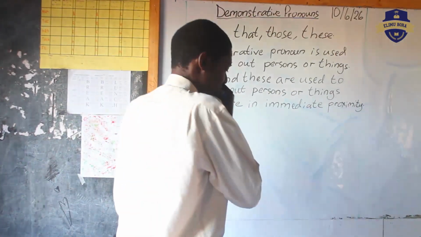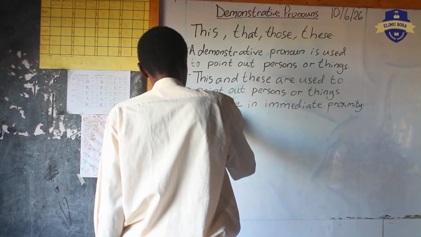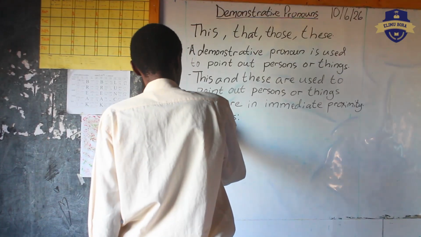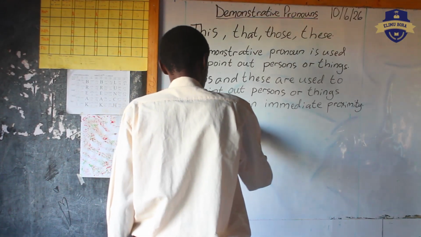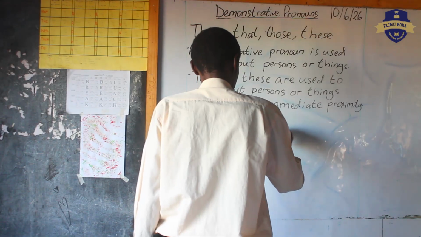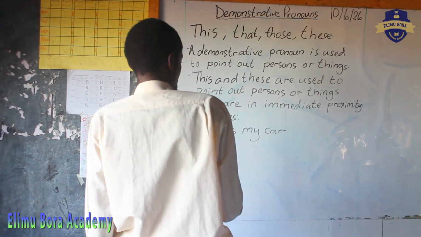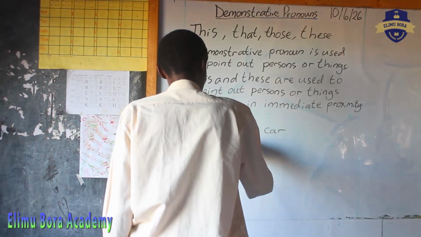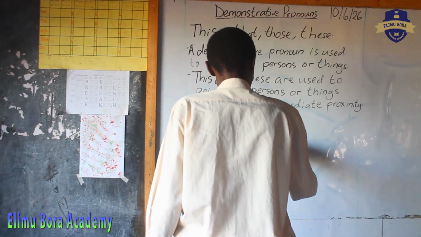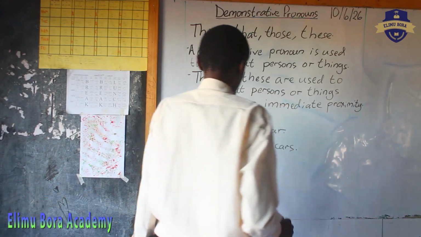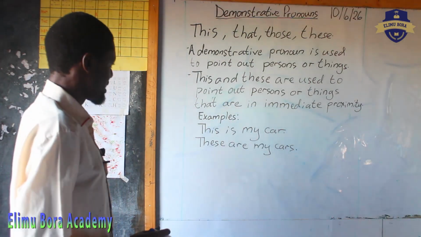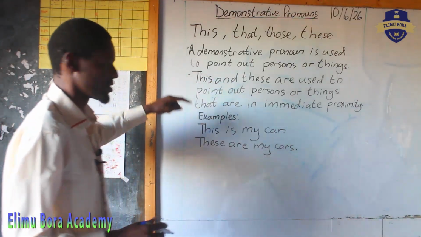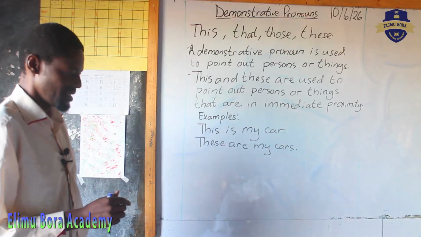Okay? So for example, we can have the following. This is my car. Okay? In its plural context, we'll have it as these are my cars. Full stop. Those are examples of how you're going to use demonstrative pronouns that talk about something that is in immediate proximity.